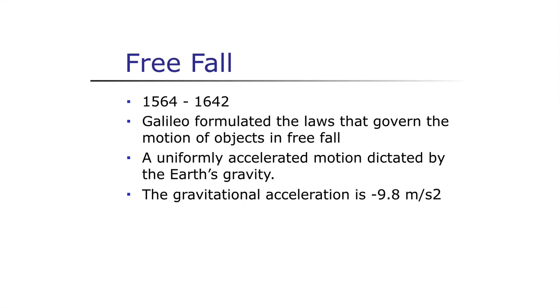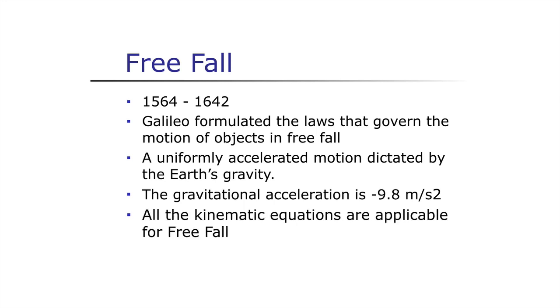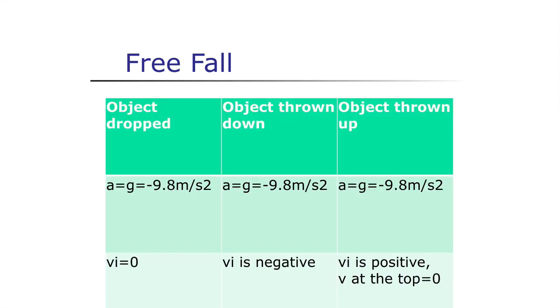So if y-axis up is positive, then gravitational acceleration is always negative. All the kinematic equations that we saw in the previous slides are applicable here for free fall, because free fall is a uniformly accelerated motion.